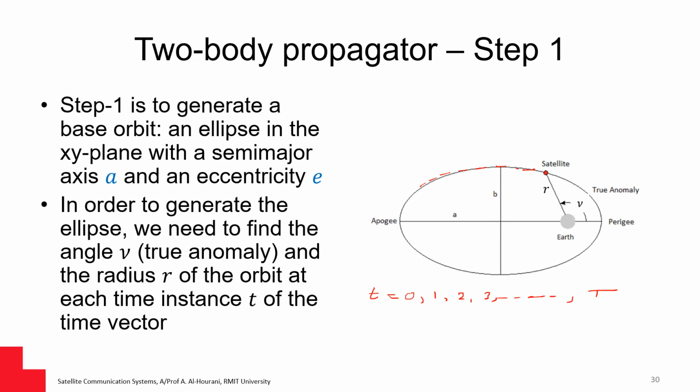So we need to know the radius r at each of these time intervals, and we need to know the new angle, or the true anomaly, at each of these time intervals. If we can build these two vectors, where a vector means a series of data, then we can draw the orbits.